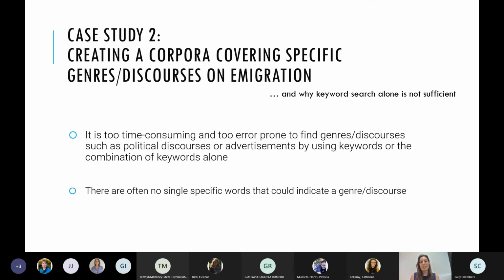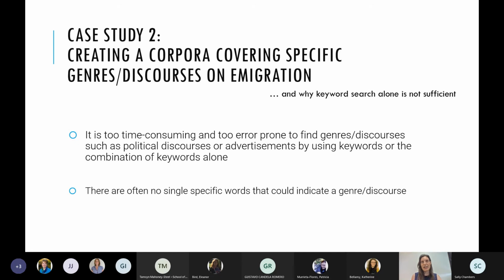So it's even impossible to extract financial discourses, political discourses, or advertisements from the whole immigration discourse just by using keywords. Also because there are no single specific words that indicate a genre or discourse. So this was basically the problem I was dealing with in this case study.